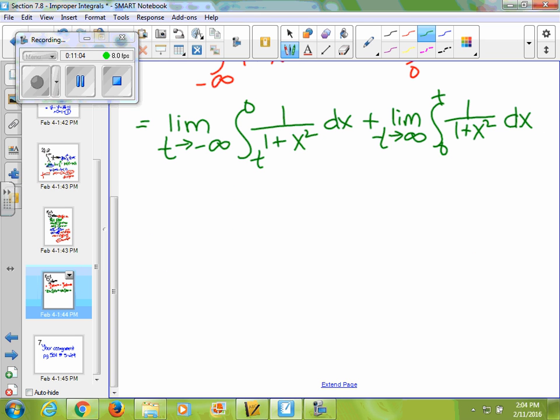Okay, so let's start by integrating. This is one of your integral identities from your integration notes. So figure out which one that integrates to become.